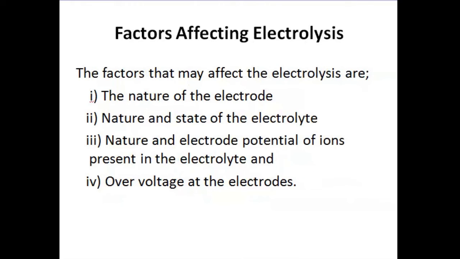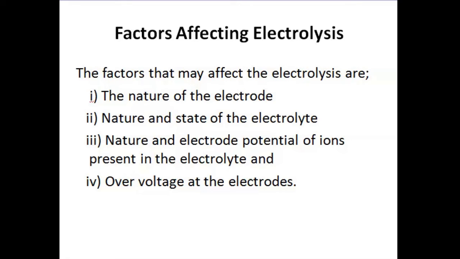But there are certain factors which affect the process of electrolysis. The factors that may affect the process of electrolysis are the nature of the electrode. It could also be the nature and state of the electrolyte.